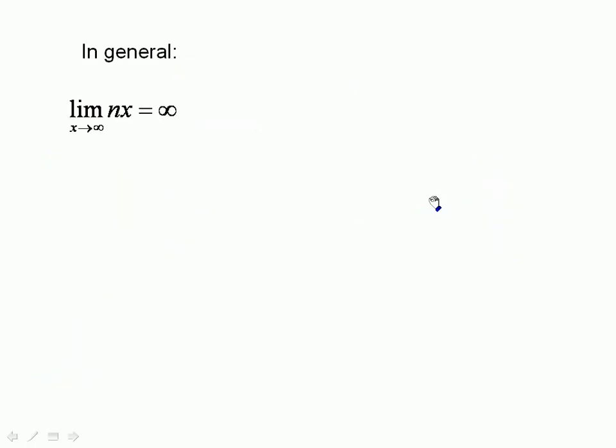Now, in general, we can make these observations. The limit of nx, where n is greater than 0, but n is otherwise a real number, is always going to be infinity. That is, it's going to be increasing without bound. This would be true if it was x squared or x to the 4, things like that. So there's a few things we need to be aware of with it.